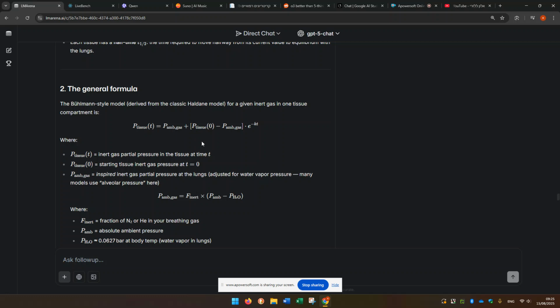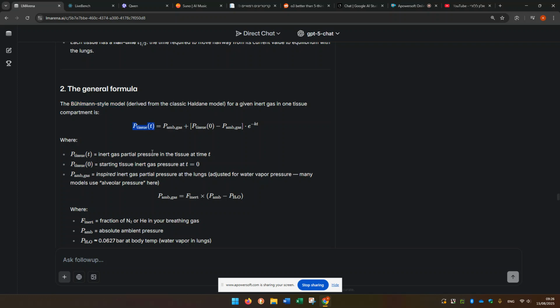Okay, so we have the formula for the tissue pressure of that gas. So the partial pressure in the tissue of the gas we're talking about, for example, nitrogen. By the way, this formula is the Buhlmann-style model from the Haldane model.